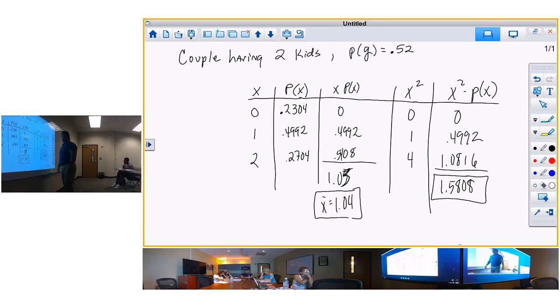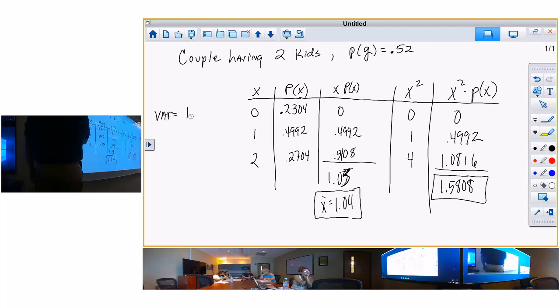squared. So I'm going to go over here and put variance is equal to 1.5808 minus parentheses 1.04 quantity squared. And that's going to be 1.58 minus 1.16, which comes out to be what? 0.42?